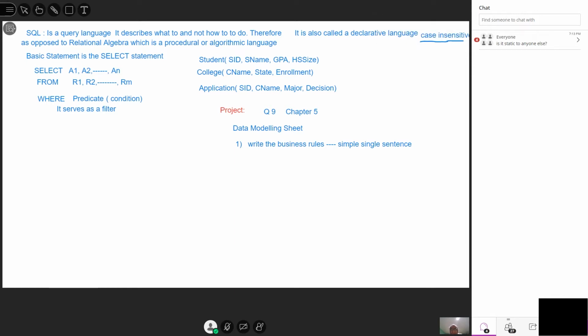Also remember that you have to write the key for each entity. Don't worry about primary key, just say key for each entity.